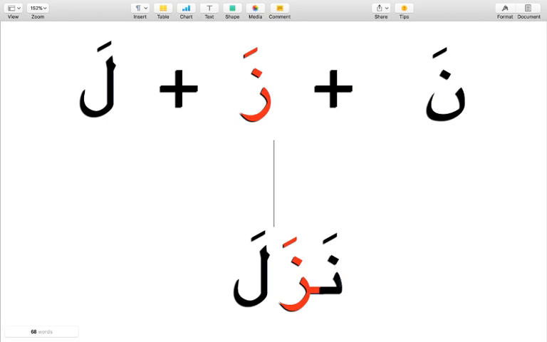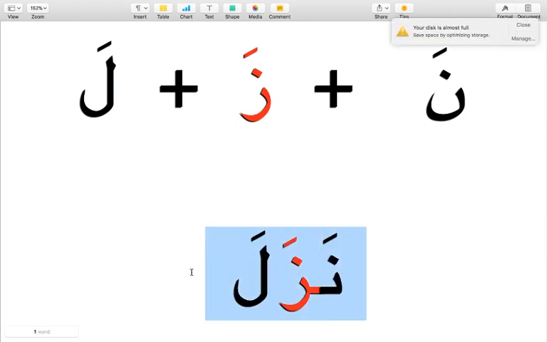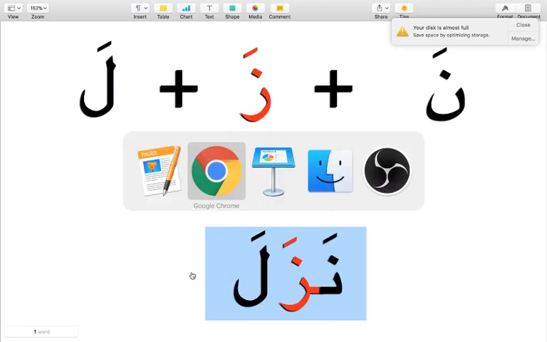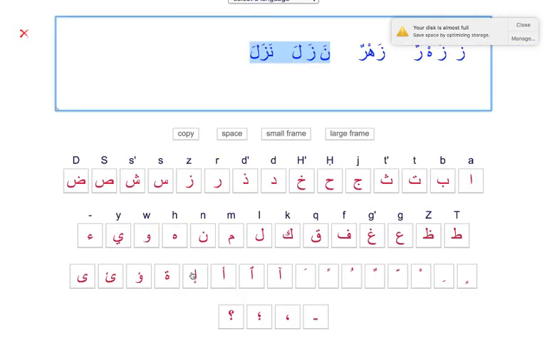Like here, noon, which is in black, is joined with that, and we can see the dot for noon, and this is the dot for zal. So na za, na za, and zal will not be joined with the lam. Lam will be written on its own in the isolated form, and this becomes nazala. This is how zal will be written in the middle of a word.